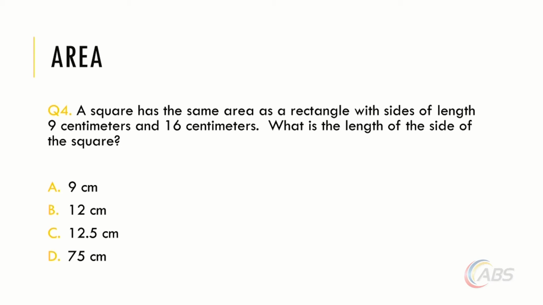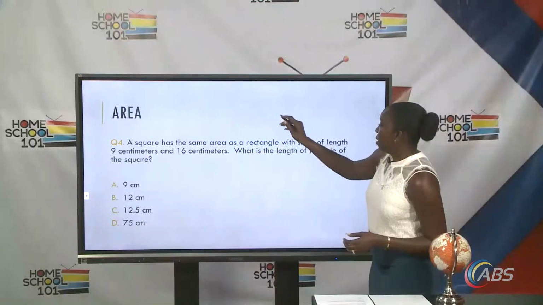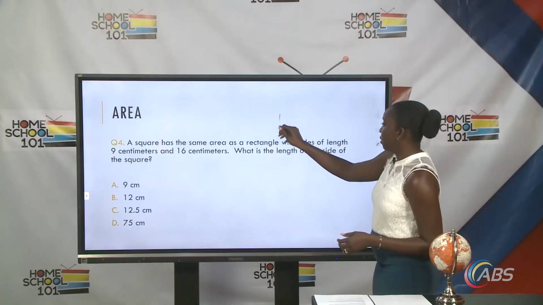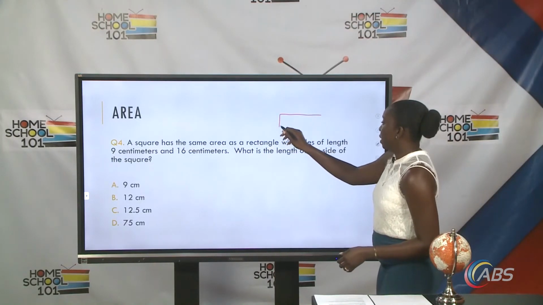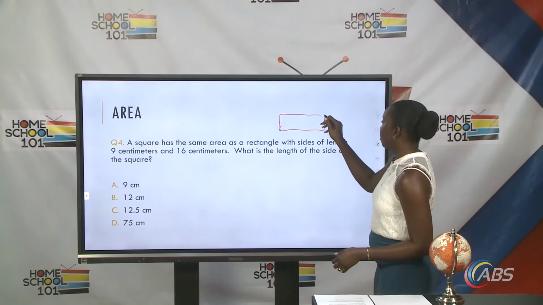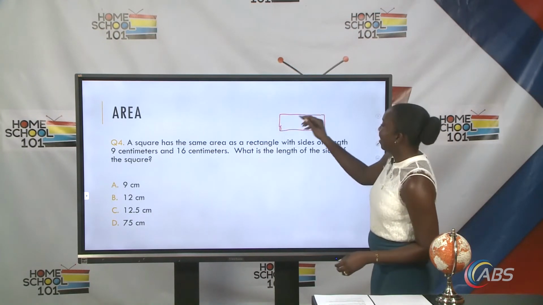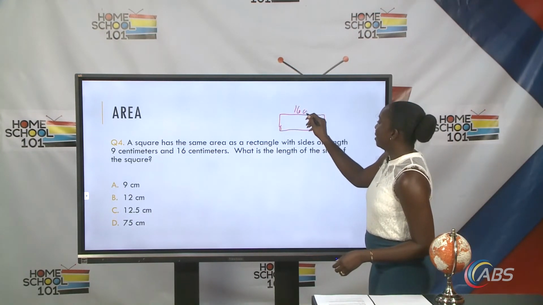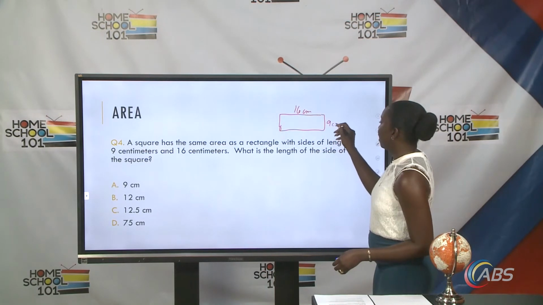What is the length of the side of a square? I'm a visual learner, right? So I like to kind of draw what I'm talking about. So I would probably start with drawing this rectangle that they told us about. So there's some rectangle, assuming it's nice. Its measurements are 16 and 9.